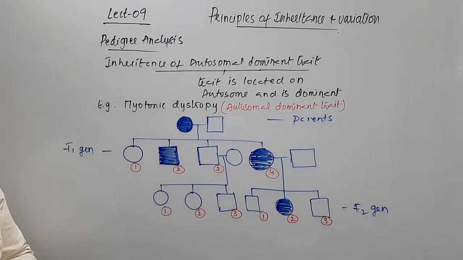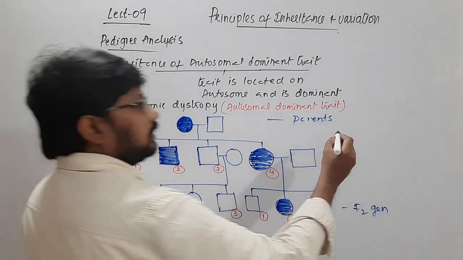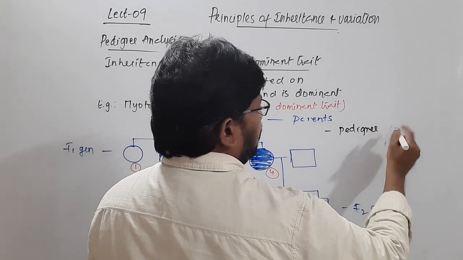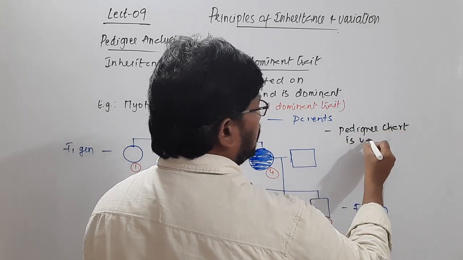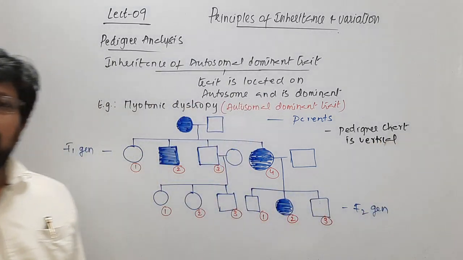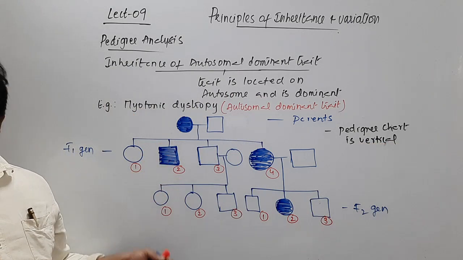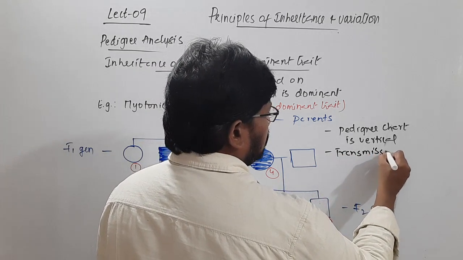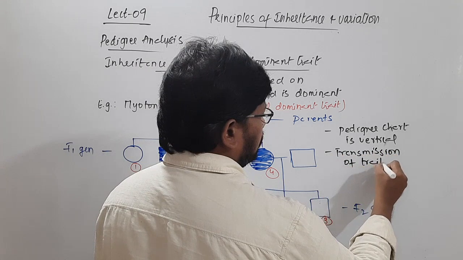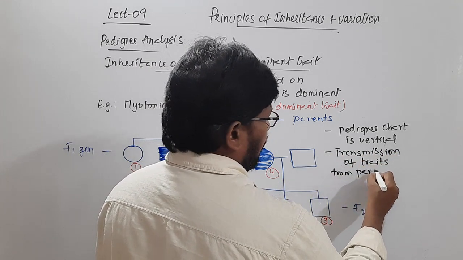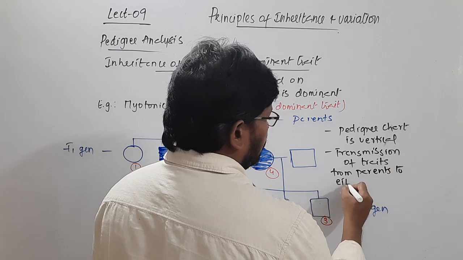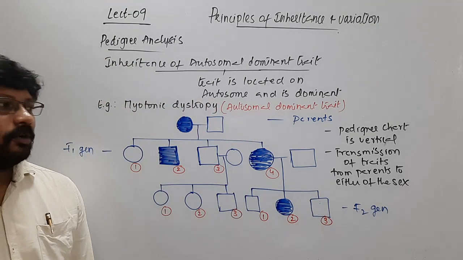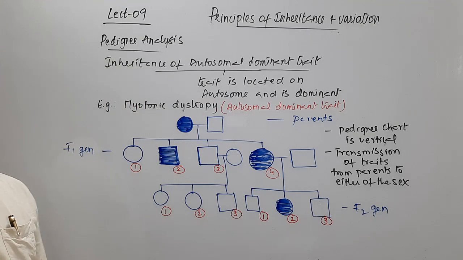This indicates that in autosomal dominant traits the pedigree chart is vertical, which means we will see the trait in every generation, and the transmission of the trait from parents to either of the sexes is seen.